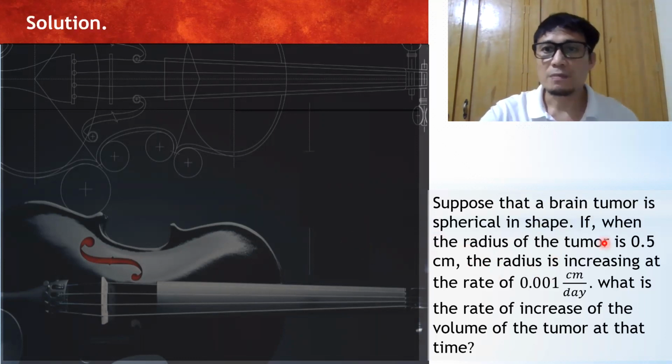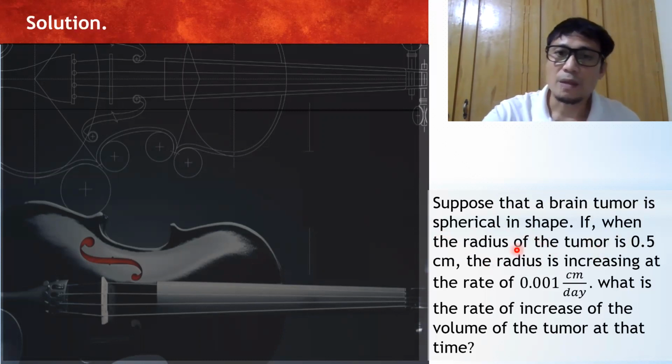First, it says here when the radius of the tumor is 0.5 centimeters. Let us use r for the radius, okay? So we have the first given, which is the radius r equals 0.5 centimeter.